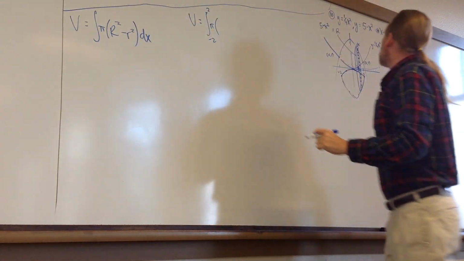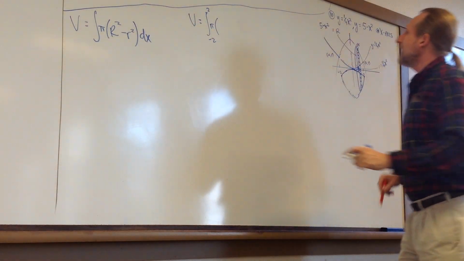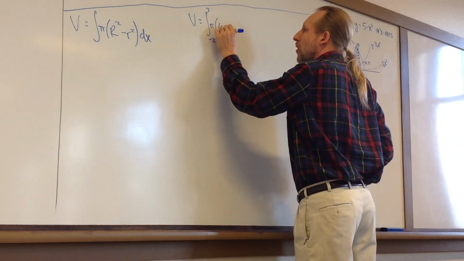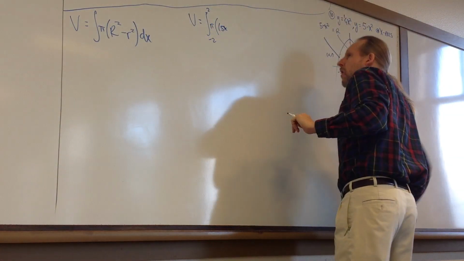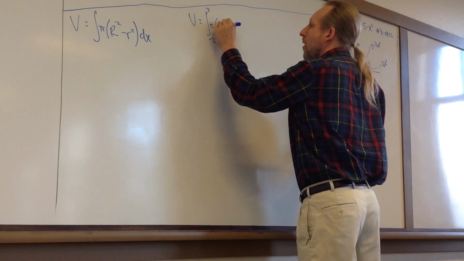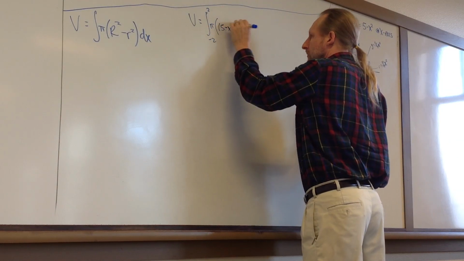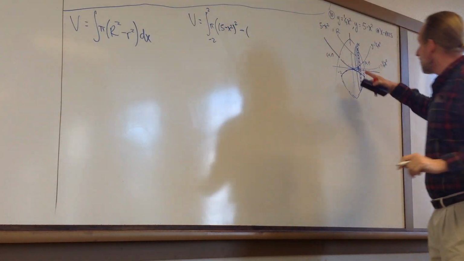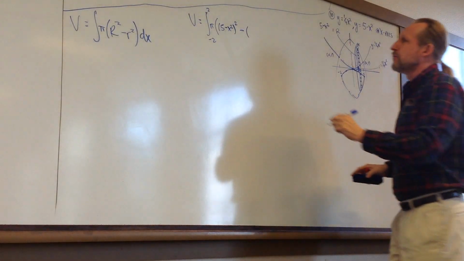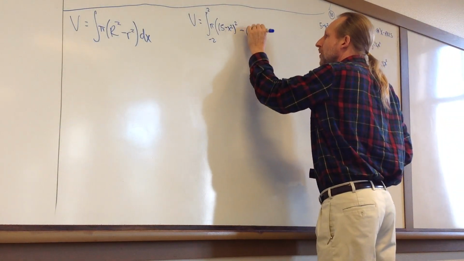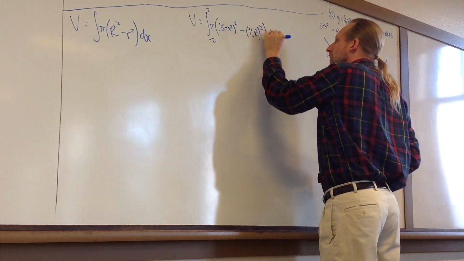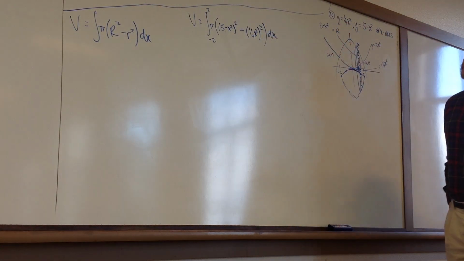Pi, the big R in this case is 5 minus x squared, all squared. And then the little r inside here, that's the 1/4 x squared, all squared. And we're integrating with respect to x.